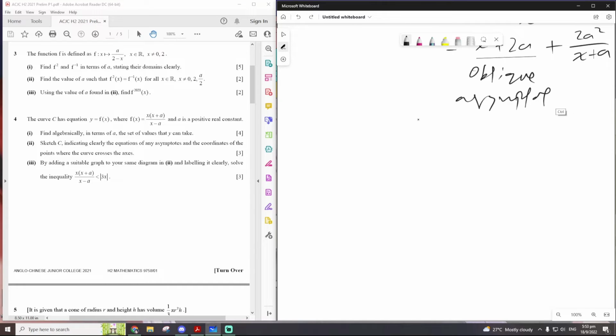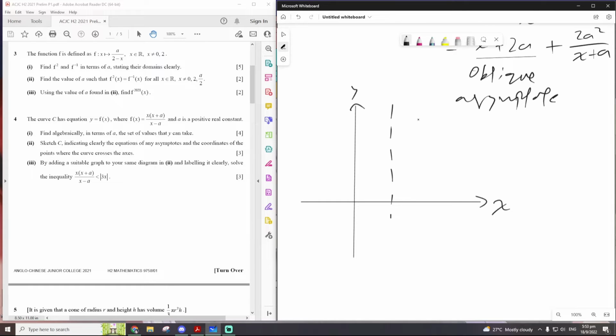Okay, so let's sketch the graph now. The y-axis is going to be slightly to the left, and I'm going to move the x-axis a bit down also, so that it's something like this. Okay, so this is y and this is x. I want my x equals a to be the center, so I will do it like that.